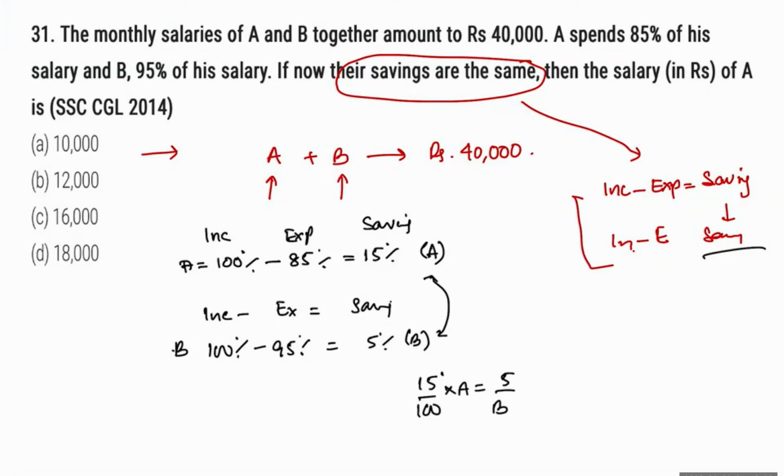So 15 divided by 5 is 3. Answer: 3A is equal to B.